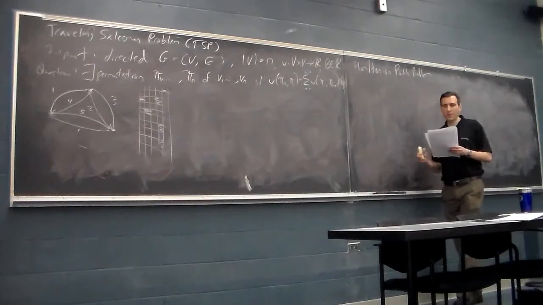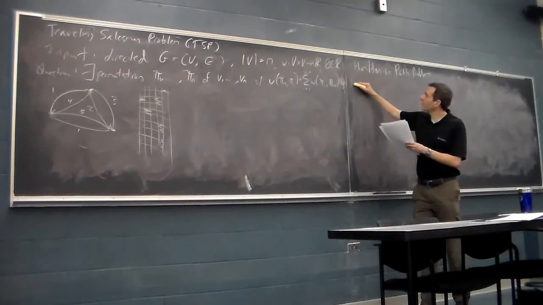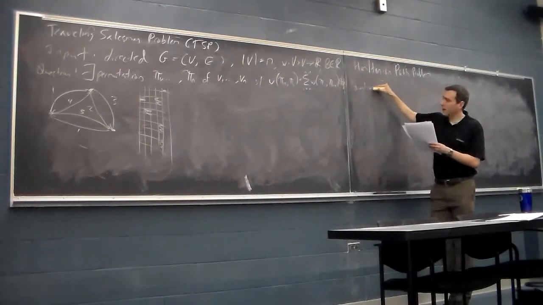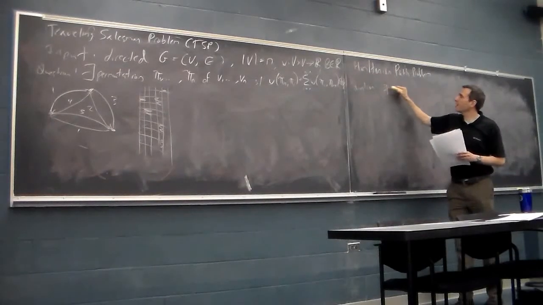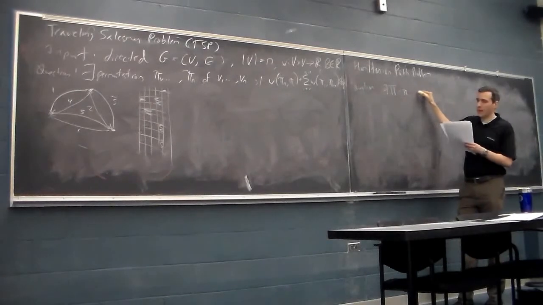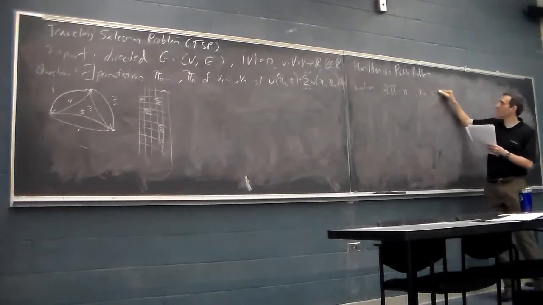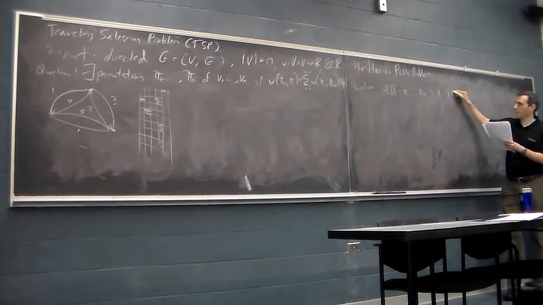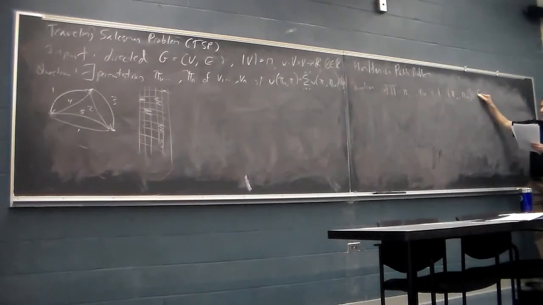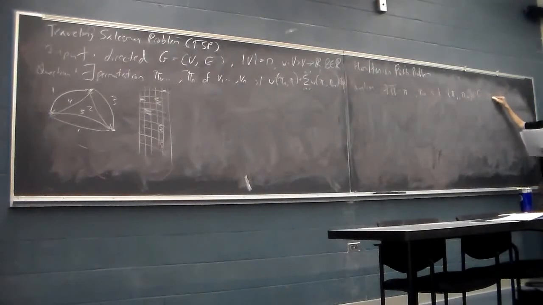And the question in the Hamiltonian path problem, in this case working with an unweighted graph, is going to be, does there exist a permutation pi of the vertices, so pi 1 through pi n, such that pi i plus 1 is in the edge set for all i equals 1 to n minus 1.